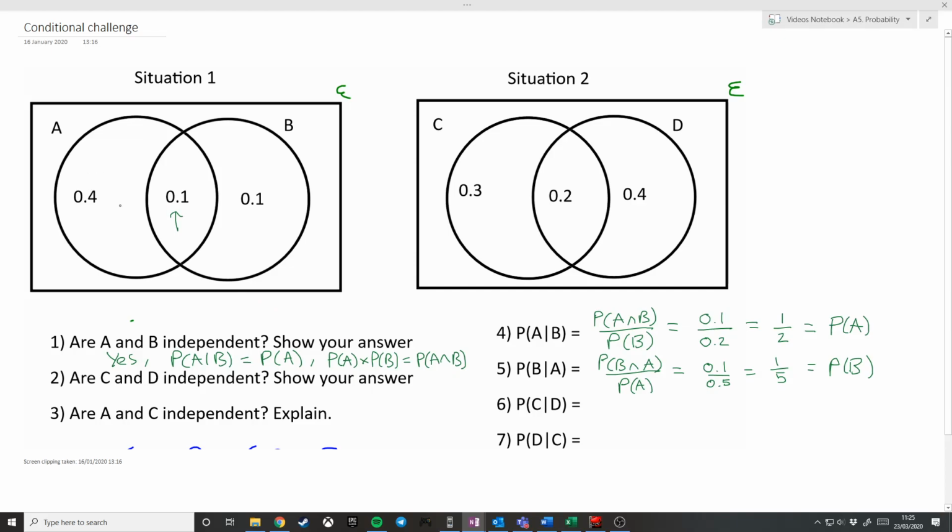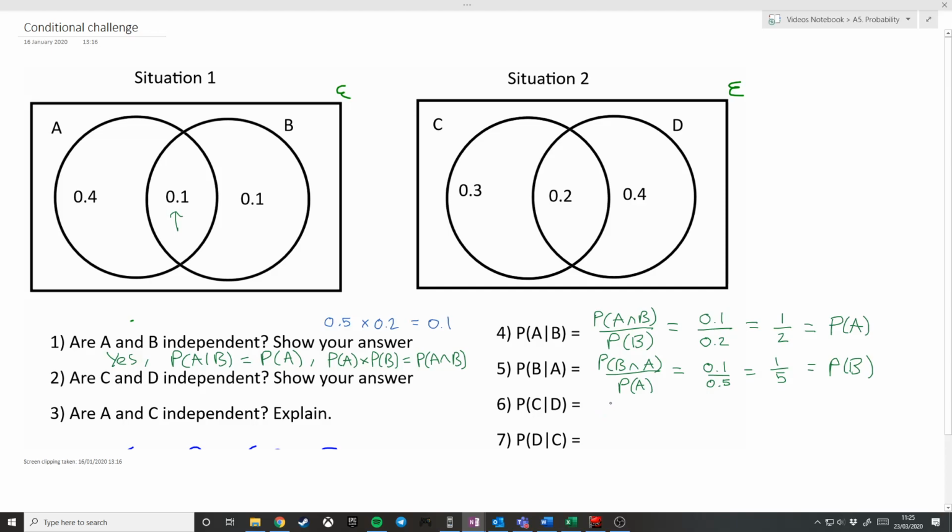Probability of A is 0.5, probability of B is 0.2. I'm slightly constrained for space here, so I'm going to do it up here. 0.5 times 0.2, does it equal the intersection? The intersection was 0.1. Yes, it does. So you could show that.